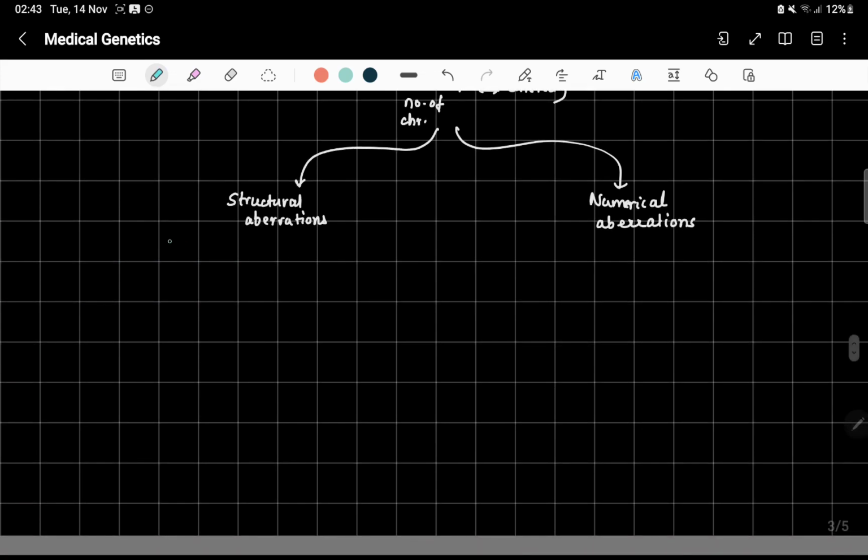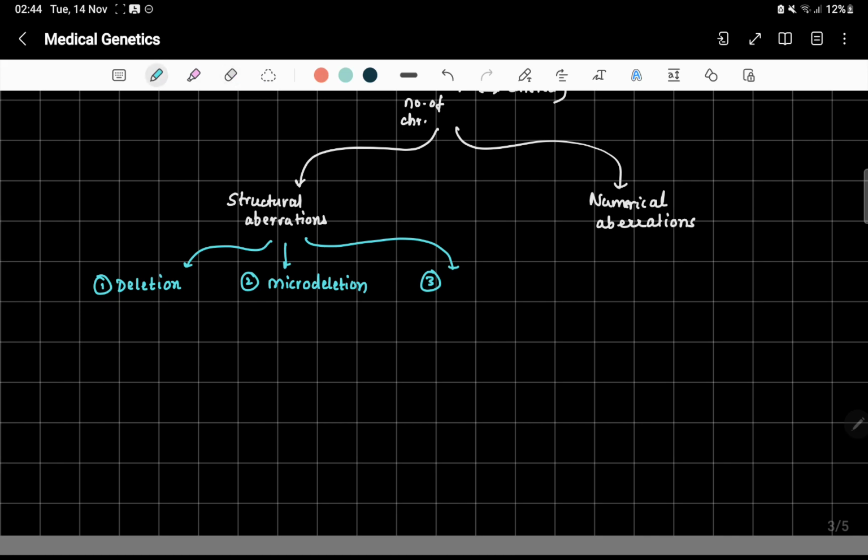We discussed three important types: deletion, microdeletion, and translocation. Not leukemia, the aberration is called translocation.